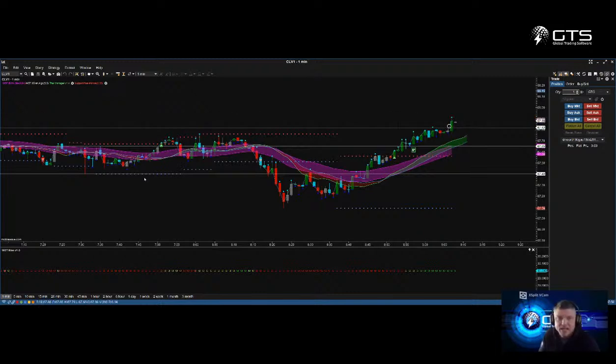Now we would like to see. All right, so this NQ has a 6-star buy on the 1 minute, but it's not breaking through. It's not breaking through. It fizzled. 91, 92.